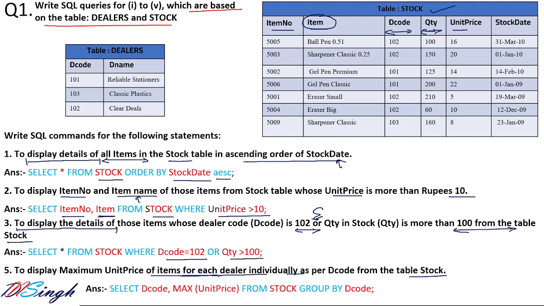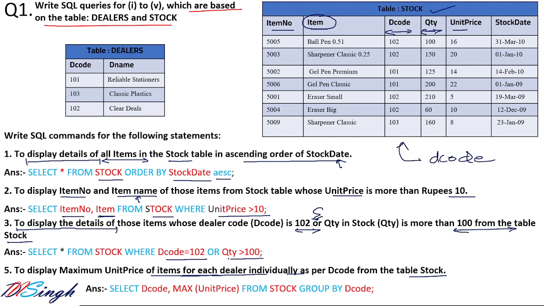For each employee individually, for each dealer individually, for each department individually, for each stream individually. In that case, always think that you are going to use the group by clause, because you need to group based on some data as per the D code from the stock table. So on what basis we are going to group? We are going to group based on D code.